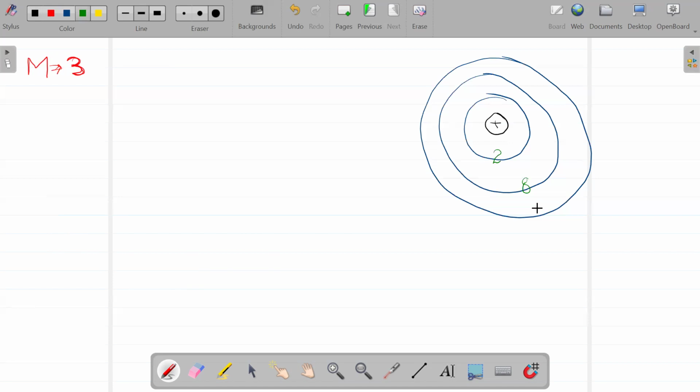And I have said that in M there are 3 electrons. So now we can calculate how many electrons are in this atom, which are 2 plus 8 plus 3, which becomes 13. So aluminium is the atom which contains 13 electrons.